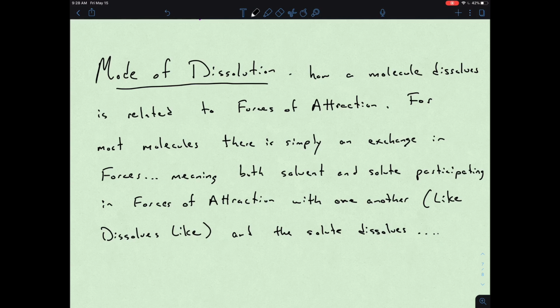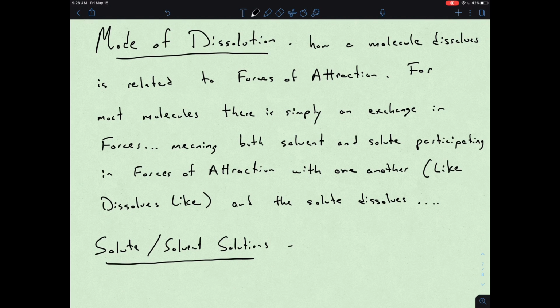For solute solvent solutions involving matching of forces, the solute simply dissolves.